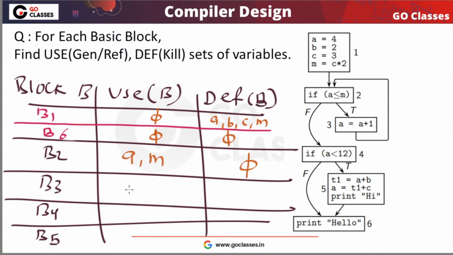In B3, you are using A and defining A. In B4, you are using A but not defining anything. And in B5, you are using A, B, and C, and defining T1, A. Is this table clear?